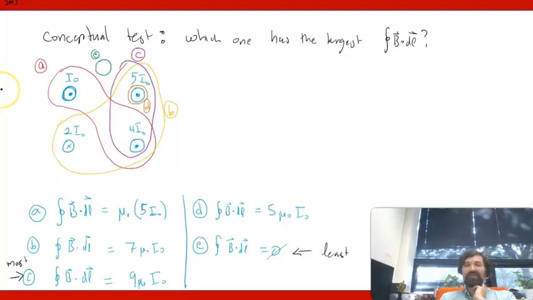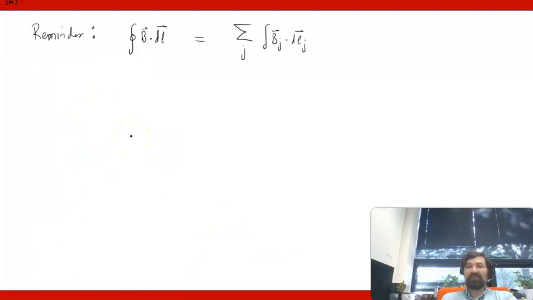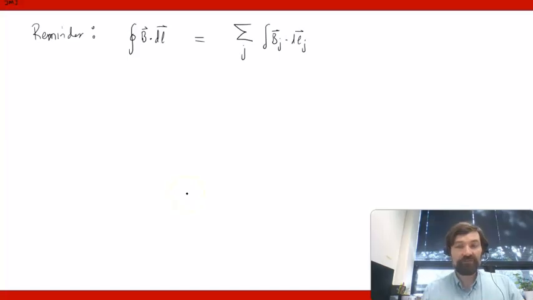One last point about this is that these integrals can oftentimes be reduced to a sum. Basically what that means is that sometimes it's convenient to break the integral into pieces, do each piece of integration, and then add them together to get the total. Thus, for example, suppose you happen to have a magnetic field which is doing something like this.